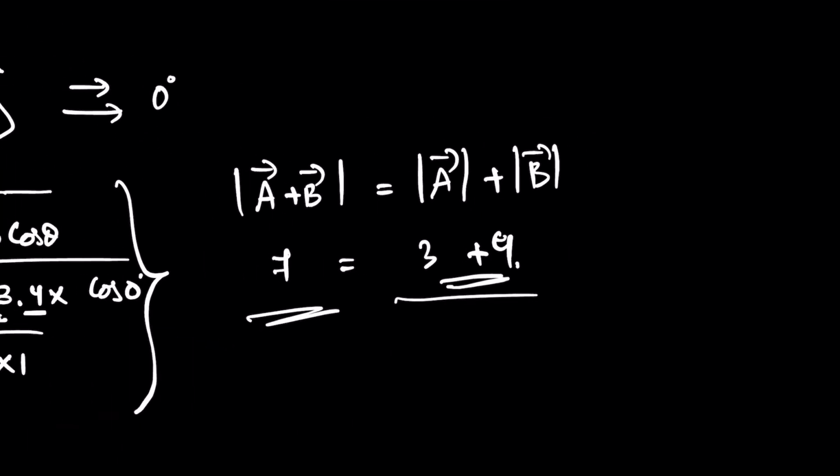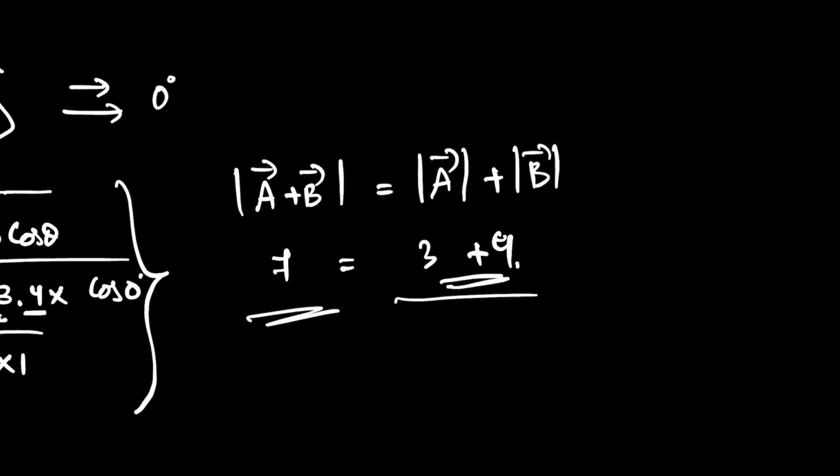So in short, the sum of the two vectors is equal to the sum of the magnitudes of the individual vectors, in this representation.